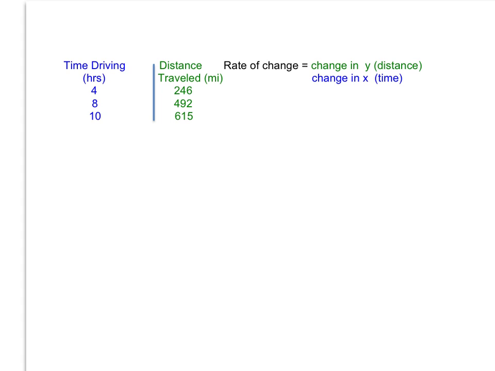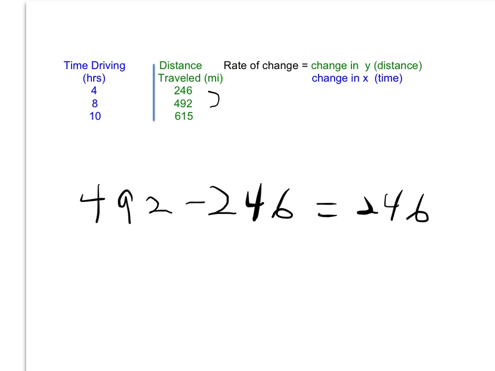So let's figure out the change in y. 492 minus 246 is equal to 246. Let's look at the change in x. That's 4. So the change in y, 246, over the change in x, 4.